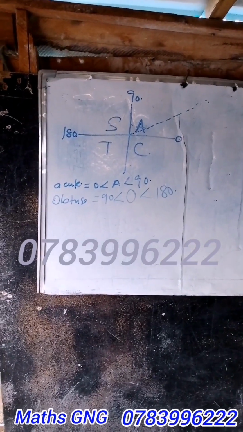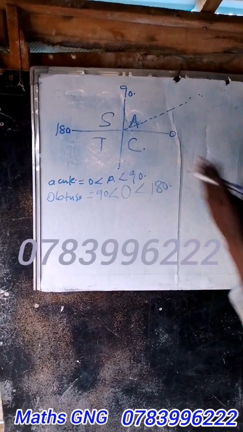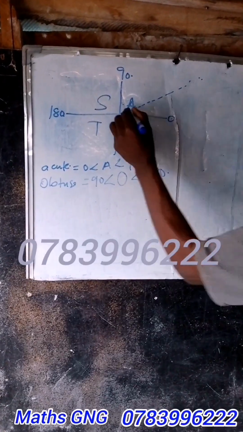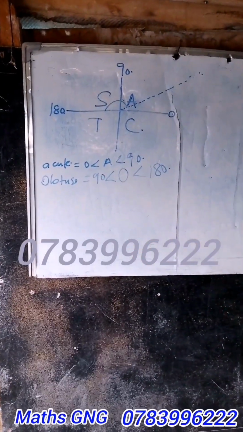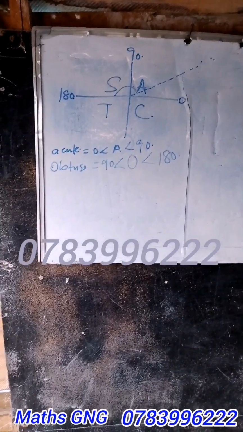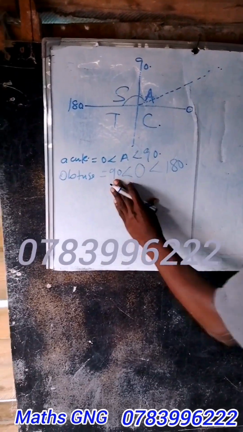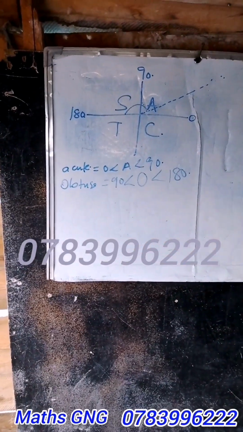Then there is an obtuse angle, which is greater than 90 but less than 180. On this quadrant, the acute angle is just greater than 0 but less than 90. Then from this line we are here, this is the obtuse angle, greater than 90 but less than 180.